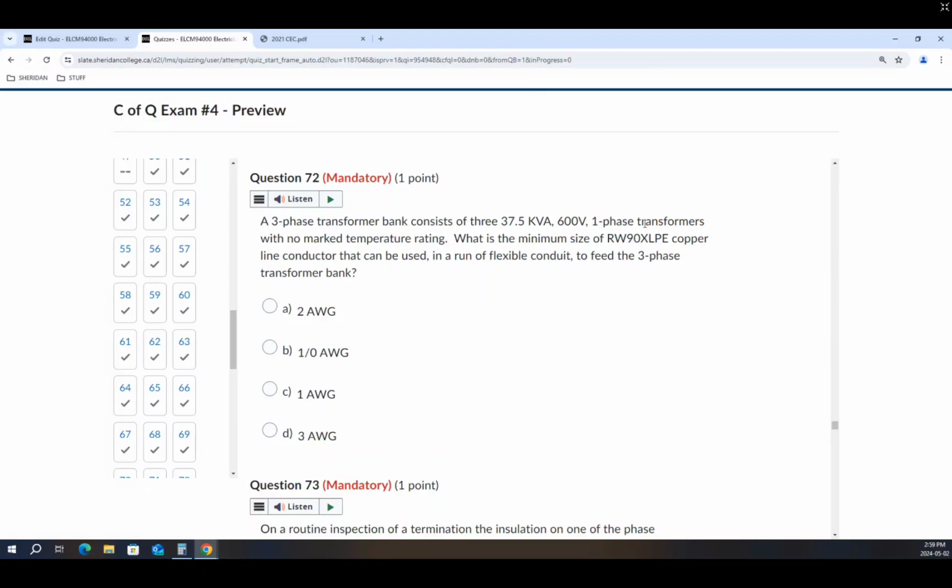No marked temperature rating. But this is 600 volt, right? Because it's 600 volt, if I go back to rule 4-006, at 600 volt, I go to the 75 degree column, not the 60 degree column.